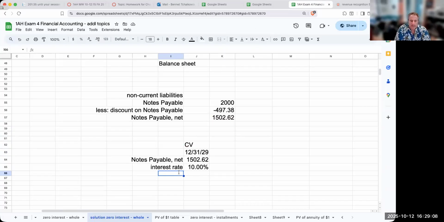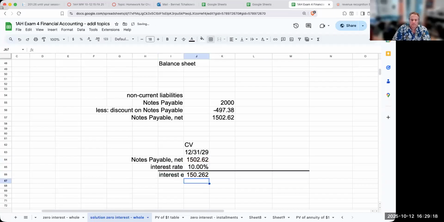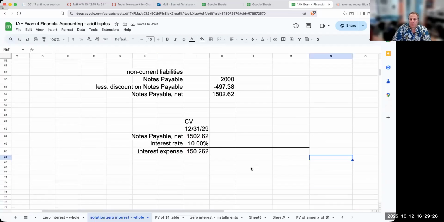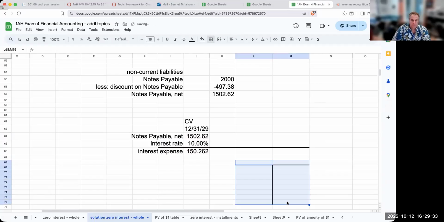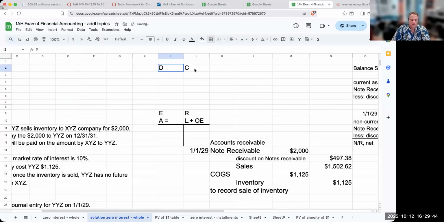But coming over here, my interest expense is going to be $150.26. Okay, so how do I go through and record the interest expense?